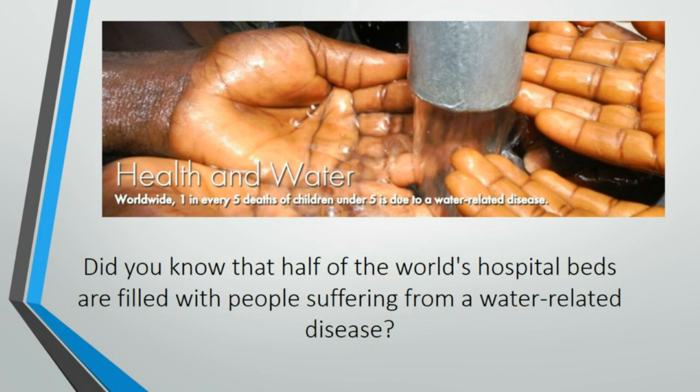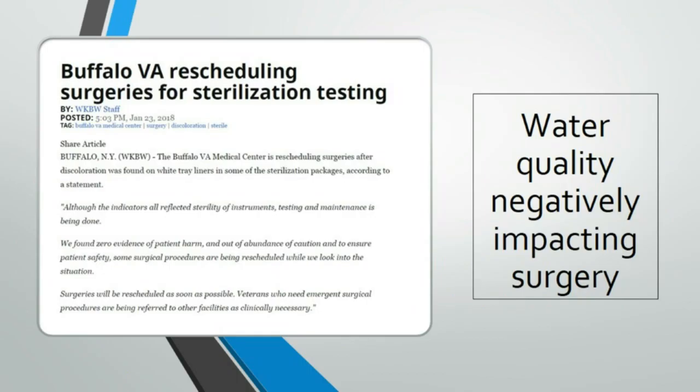We're going to get kind of specific with how water affects us in the medical industry right now. And my last little thing before the objectives is an article from January 2018 where water quality impacted surgery at a VA, and they had to reschedule surgeries because they were seeing issues that were caused by water quality. So it can happen all over, and it does affect many things.